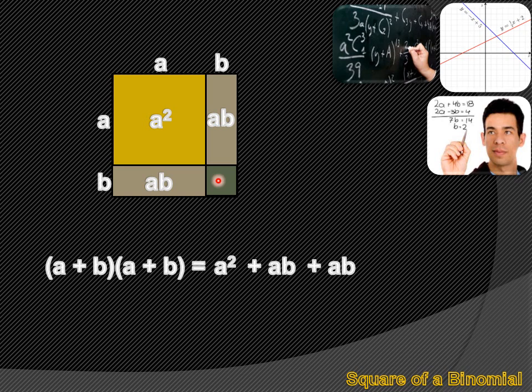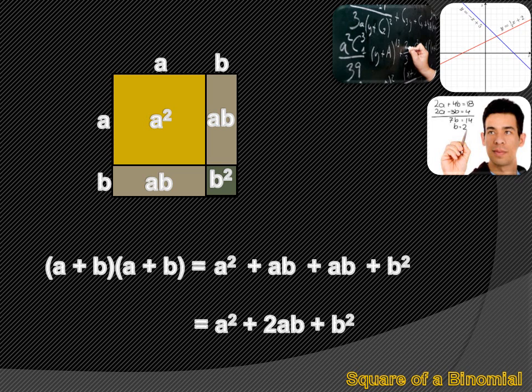And our last segment right here is b in height and b in width. So its area is b squared. I'll add that too. So now I've got a plus b times a plus b equals a squared plus ab plus ab plus b squared. I can simplify that to a squared plus 2ab plus b squared.